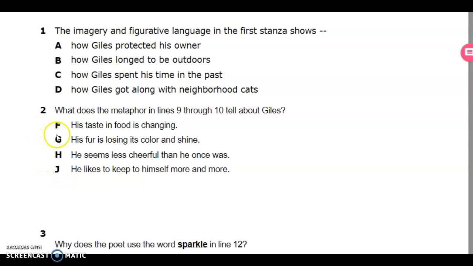So we can put an M for maybe. H, he seems less cheerful than he once was. They weren't talking about how cheerful he is, so we can cross that off. And J, he likes to keep himself more and more, which also was not mentioned, so we can cross that off. Our answer here would be G.